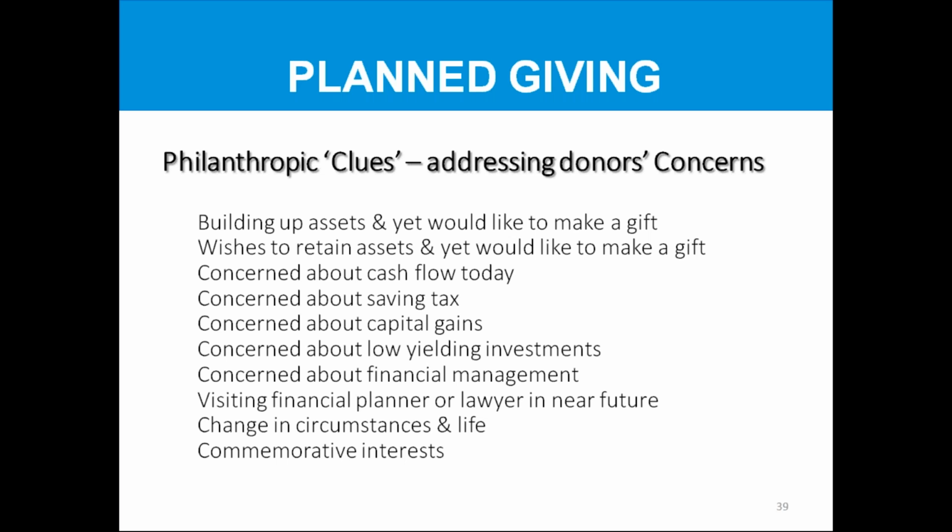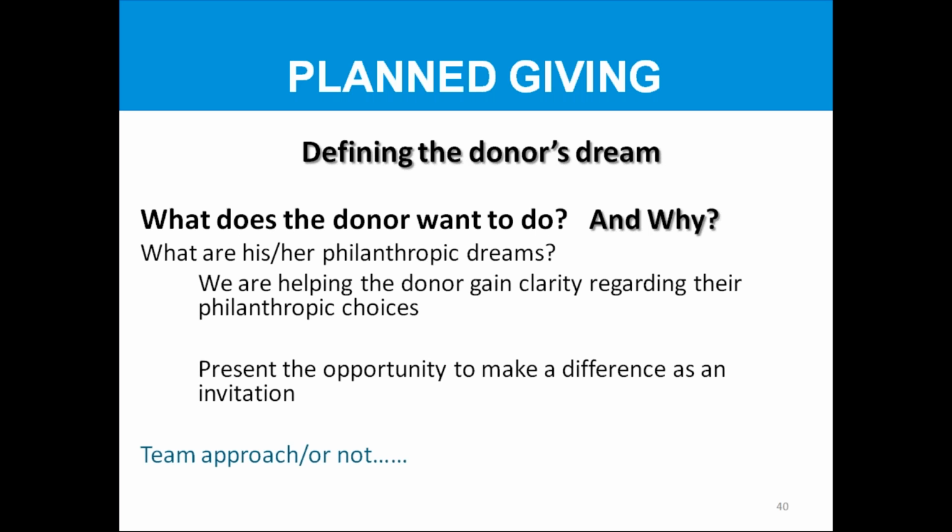The other thing that I really want them to understand is that there are certain philanthropic clues, and we want to, in plan giving, address those donors' concerns. And here are all the concerns that donors will have, and how are we going to address those? When a donor talks about their concerns, that's invoking trust.